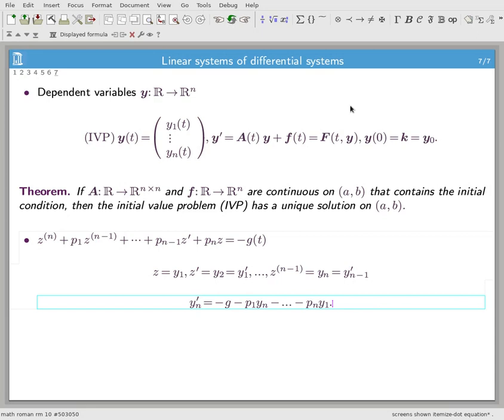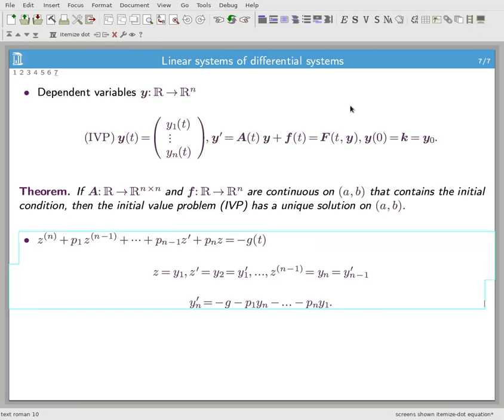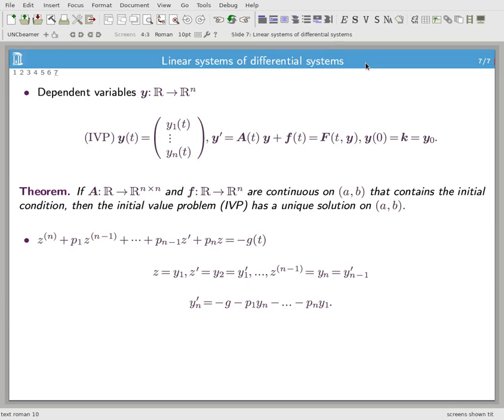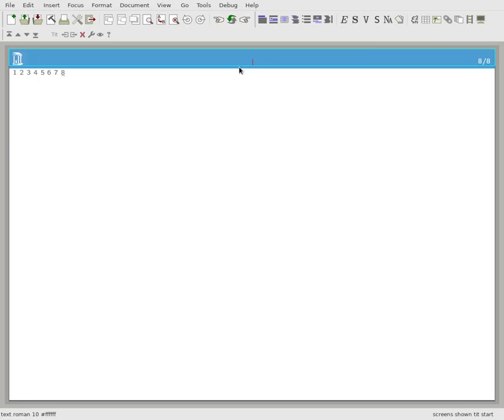Let's now move on to the basic theory, and we will start by looking at the first part of this theory, namely homogeneous systems of linear differential equations.